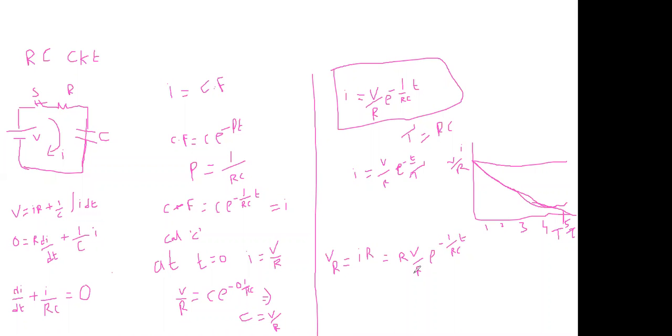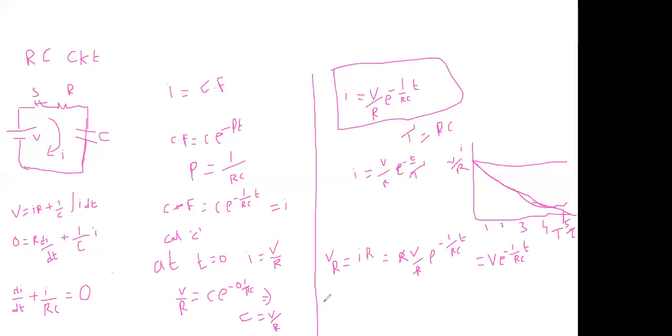This is the formula for voltage across the resistor.